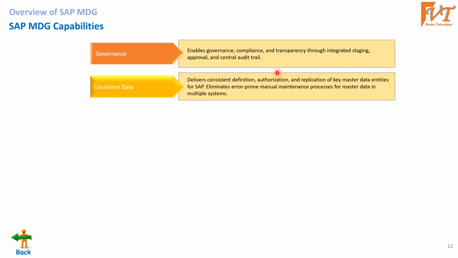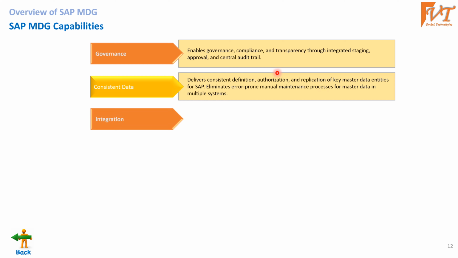So we should have error-free data, and SAP MDG ensures that you have error-free data. Sometimes when we say errors, it doesn't mean that some validation is failing, nothing like that, but we might have entered incorrect data, so that is also considered an error. That is the inconsistent data. SAP MDG ensures that portion. How it ensures that, we will see.